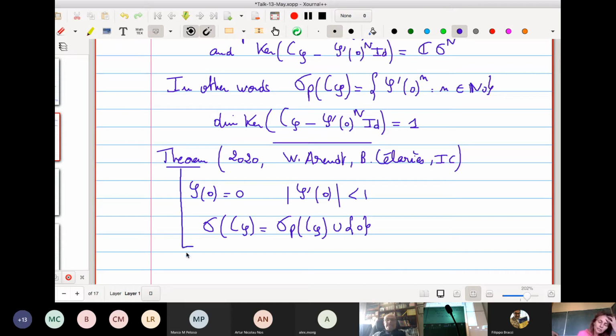So it means that we have nearly nothing else than the point spectrum in the spectrum.